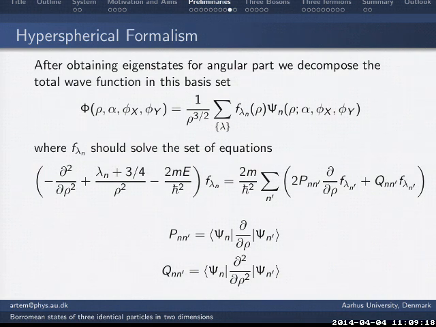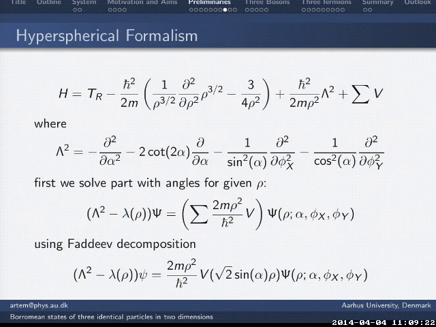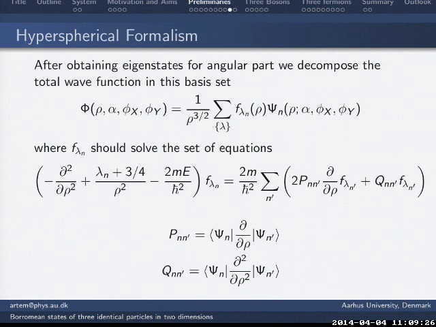After we solve this equation, we can obtain a full wave function by expanding it in this way, and then we solve the Schrödinger equation basically for these decomposition coefficients.